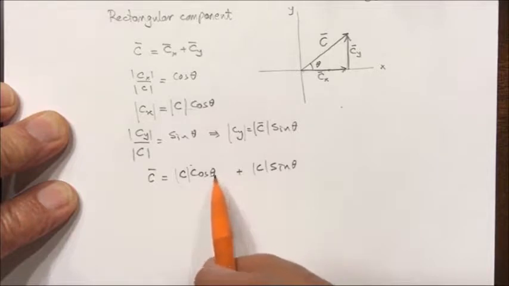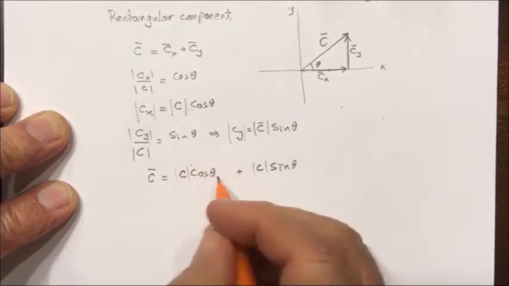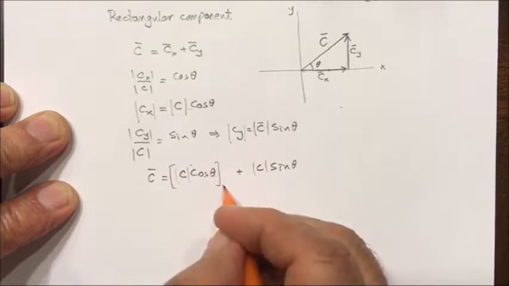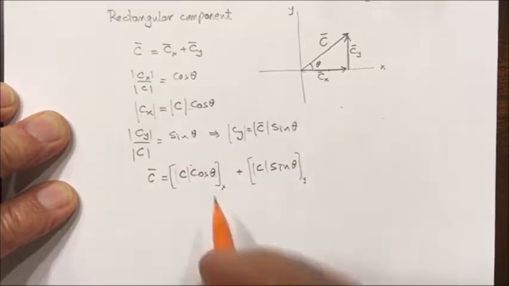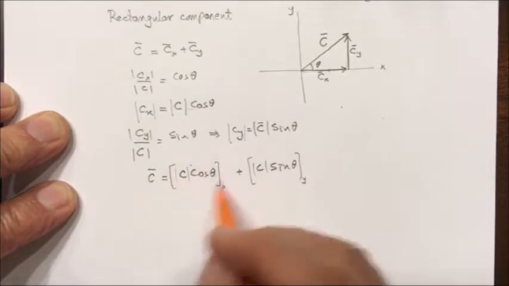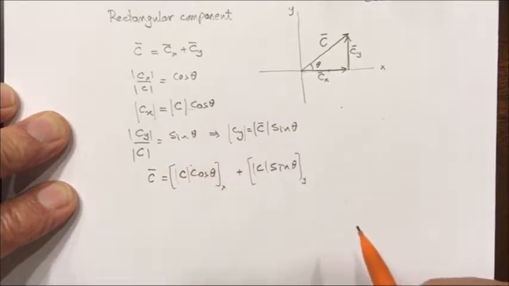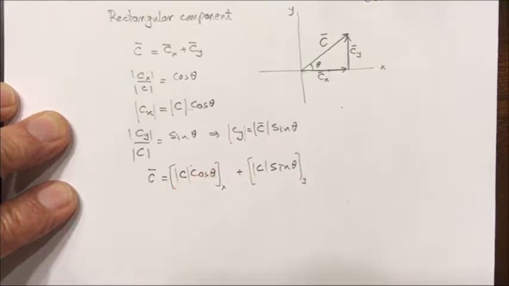But it must be a vector, because a scalar cannot become a vector. You have to have a direction. So we have to somehow say that this is in the x direction and this is in the y direction. This is one way of doing it. It's not a good way, and we normally don't do it, but you have to have some way of saying that this is the x component and this is the y component, because you won't be writing the cosine and the sine, you'll be putting in the numbers for that.